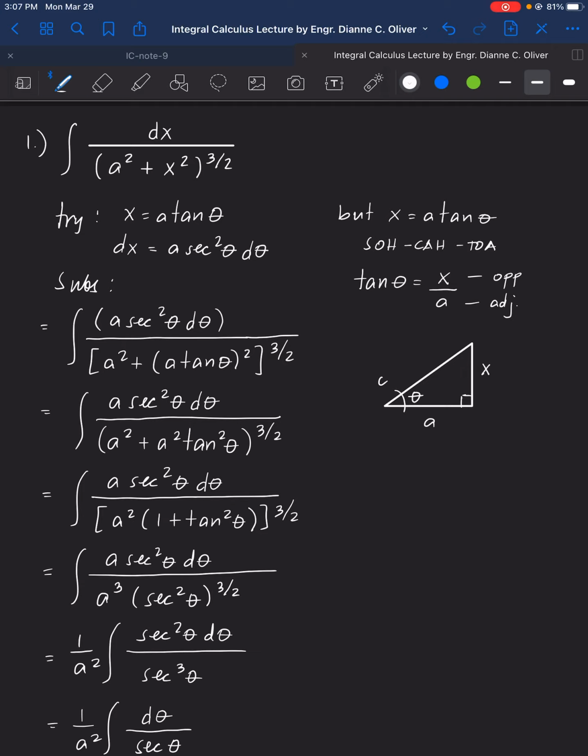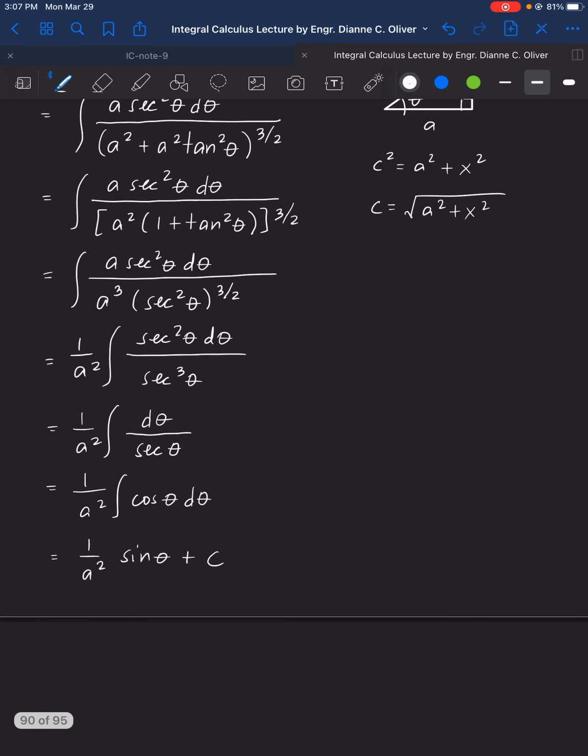So what is the value of the hypotenuse c? For the hypotenuse c, we have c squared is equal to a squared plus x squared. C is equal to the square root of a squared plus x squared. So here we have c is equal to the square root of a squared plus x squared.